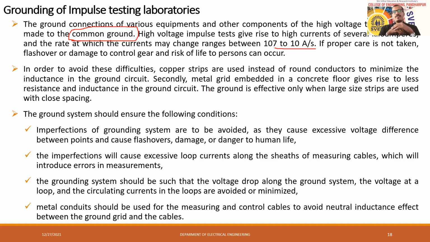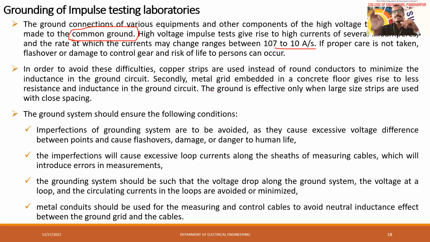So whenever we are thinking about this ground system, some conditions need to be followed, and we have to ensure those conditions. The first condition is that imperfection of a grounding system is to be avoided. Means if we are planning to install a grounding system, it should be perfectly installed.